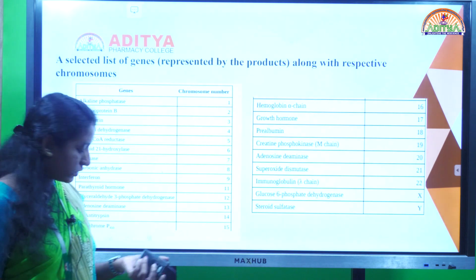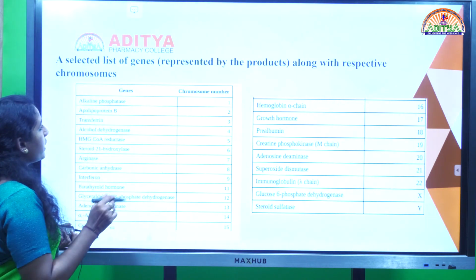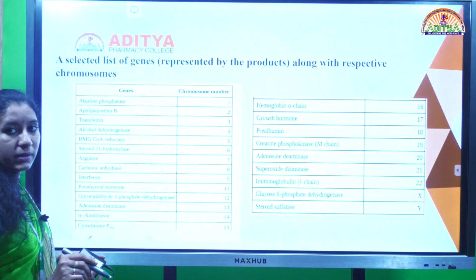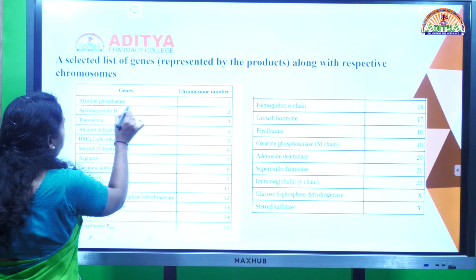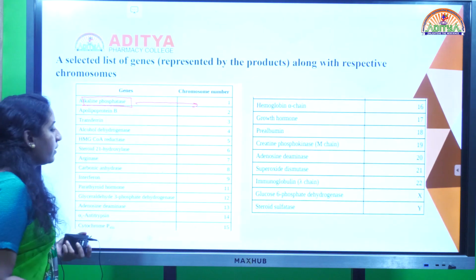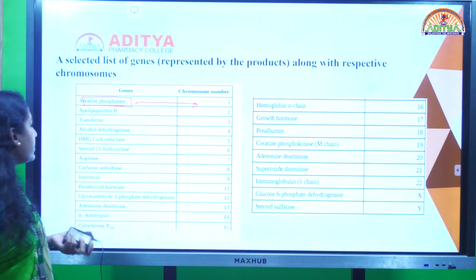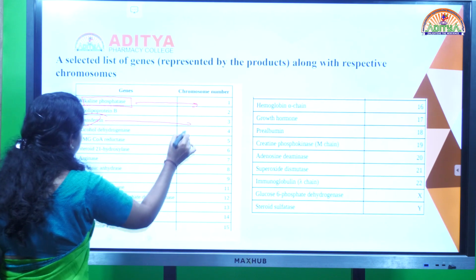So next, coming to the associated list of genes. I am giving some examples of genes and their chromosome numbers. For example, the gene which encodes the enzyme alkaline phosphatase is present on chromosome number 1. The gene which encodes transferrin is present on chromosome number 3.